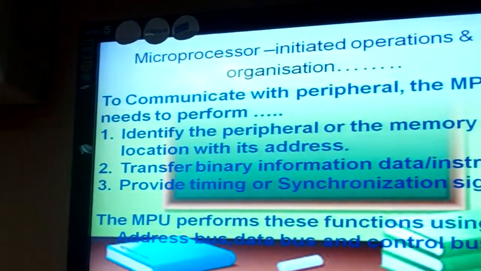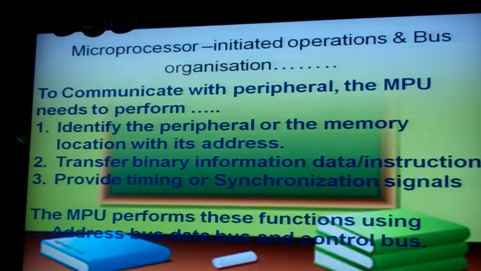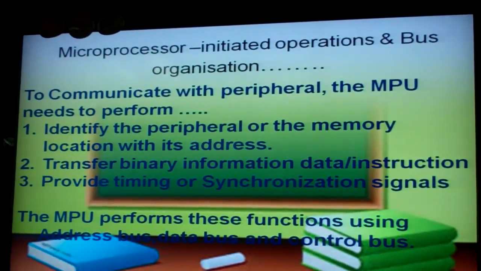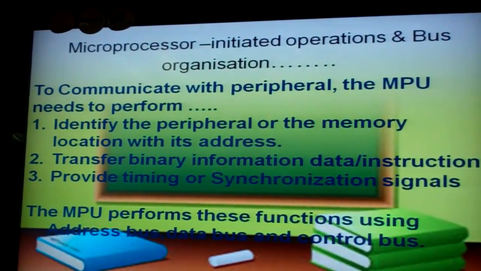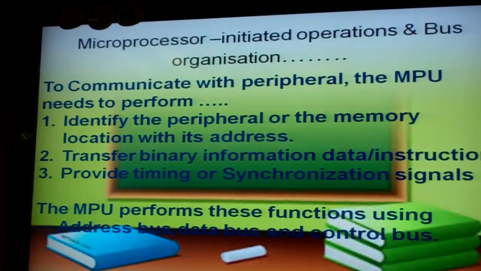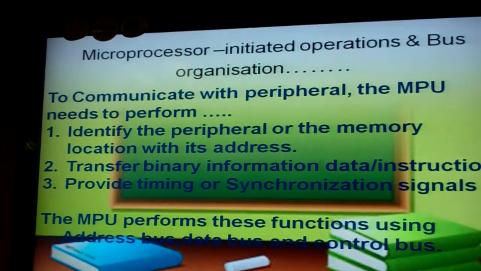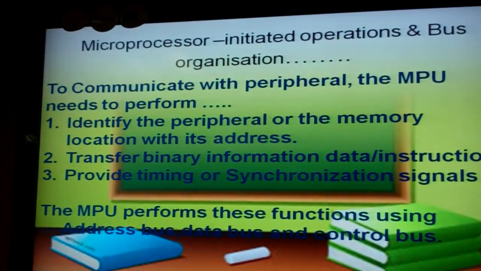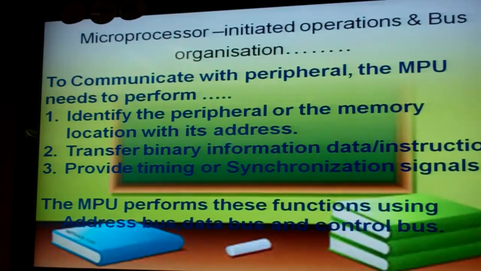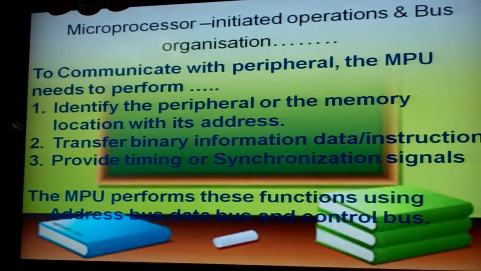Then you have a bus organization that is required to perform these operations. To communicate with peripherals, the microprocessor unit needs to perform three things. First, it has to identify the peripheral or the memory location with its address. Then, transfer the binary information, data or instruction.